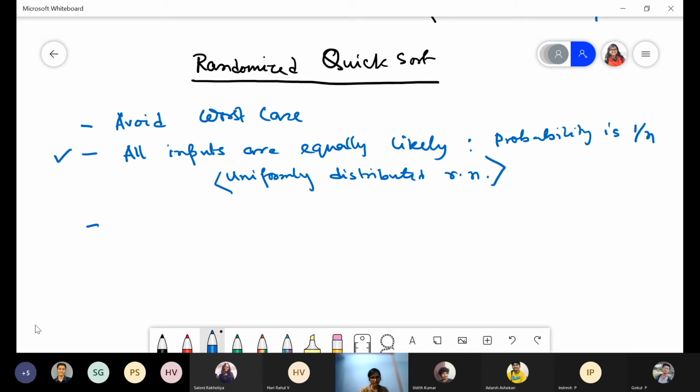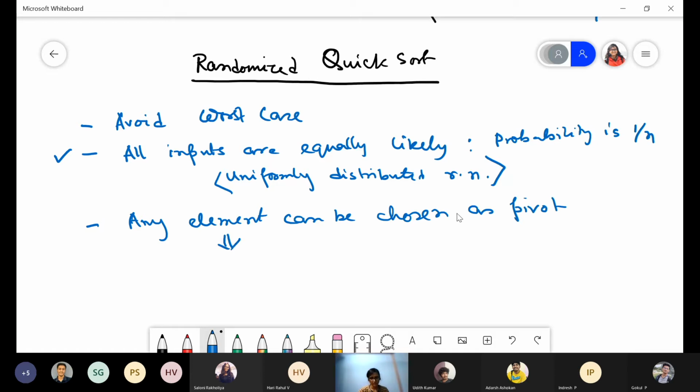So the first consideration is all inputs are equally likely and any element can be chosen as pivot, which implies that to make this possible we choose our pivot as a uniform random number, uniformly at random.